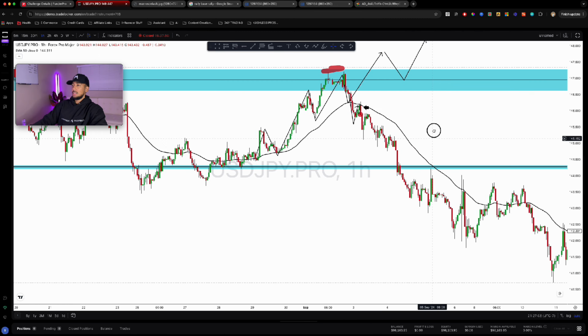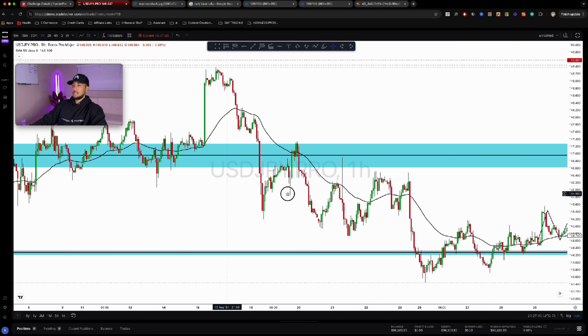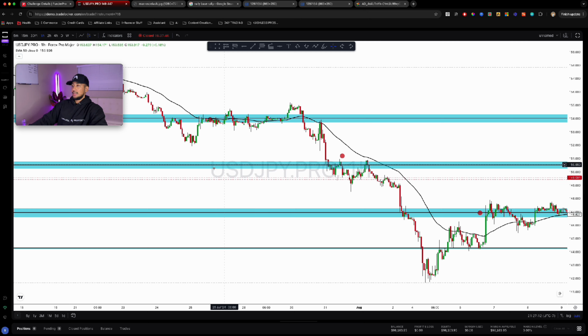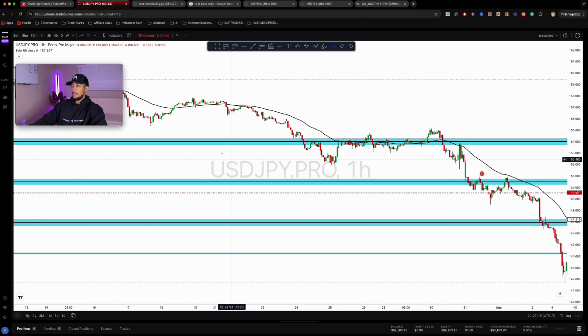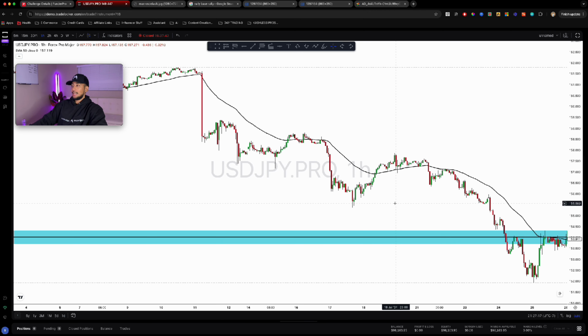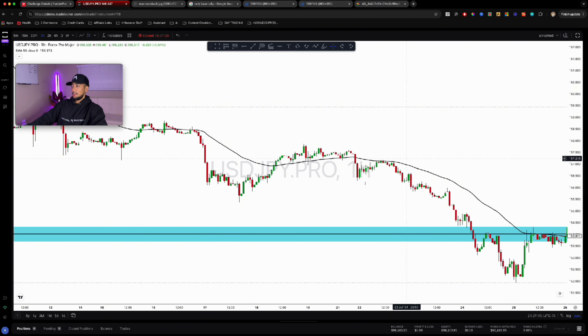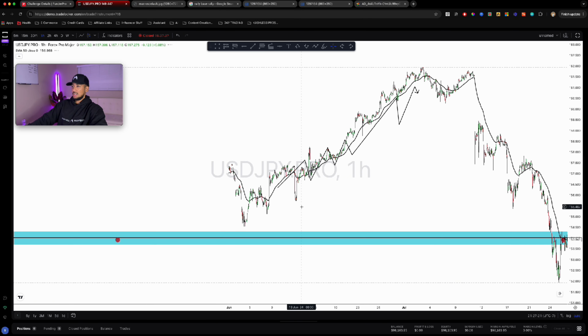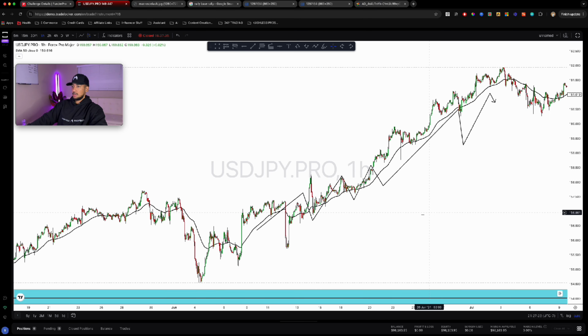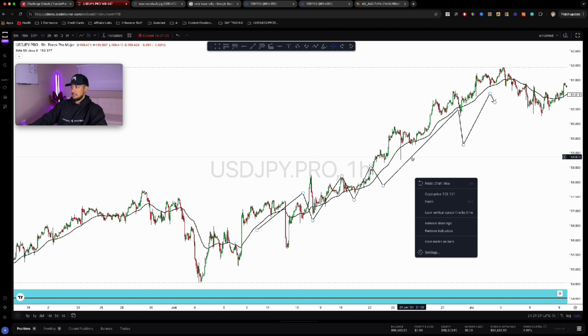I don't really use it too much because it's basically a continuation play, and I like to get into entries based off of zones, or a break of a zone. So I'm waiting for that retest, and then I'm getting into a specific trade.